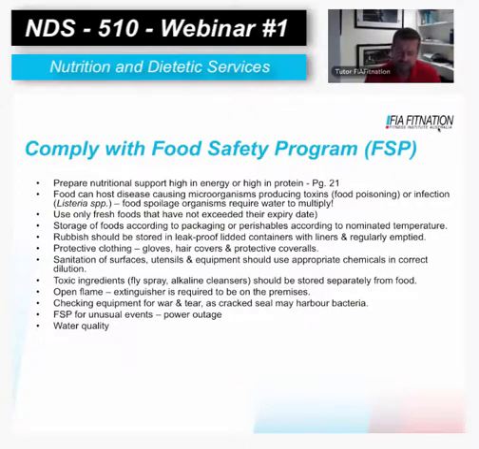So if you are a personal trainer or a healthcare worker, the areas that you're really going to be involved with in terms of the food safety program are preparing the nutrition support services, storage of food, and of course your own personal hygiene when you're actually handling food. So a couple of different areas that you'll be involved with.